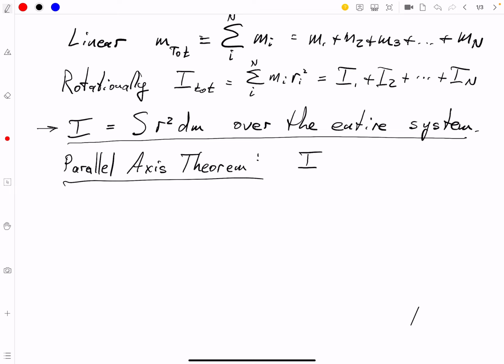So the parallel axis theorem says the I for a parallel axis, I'm going to call it axis 2, is equal to the I of the center of mass plus the mass of the object times the distance from the new axis to the center of mass squared.